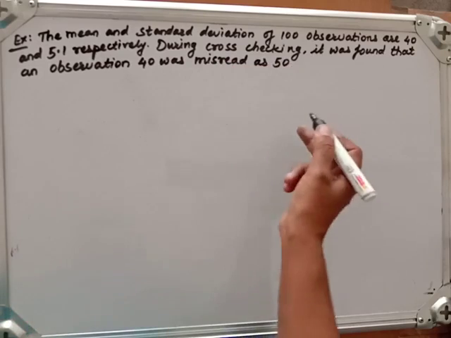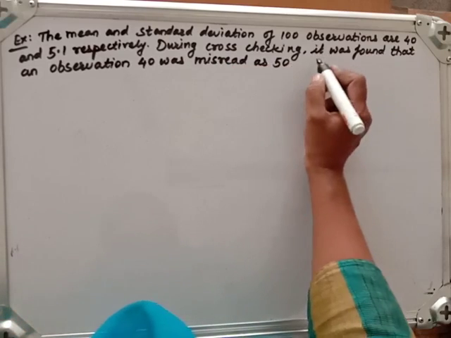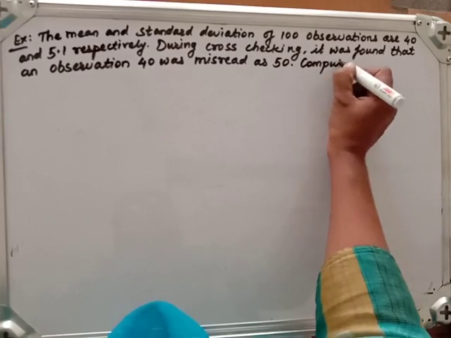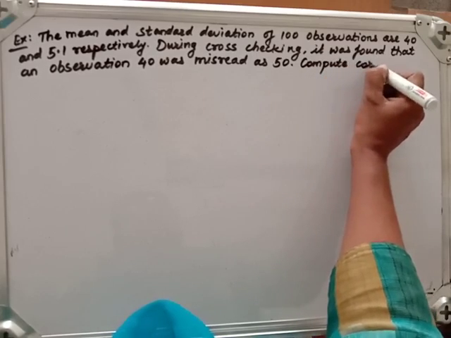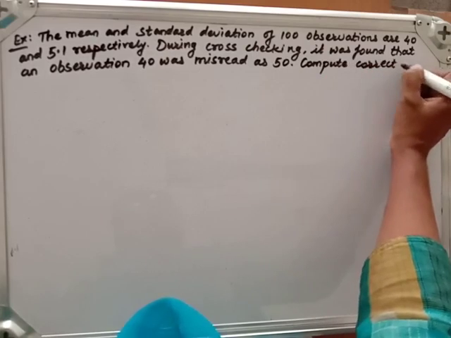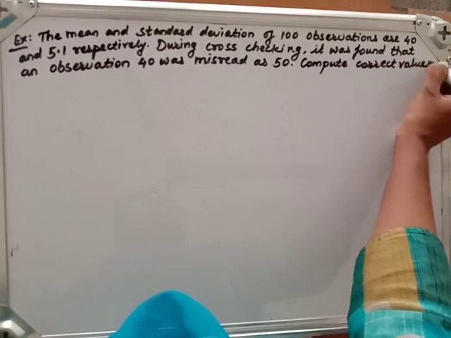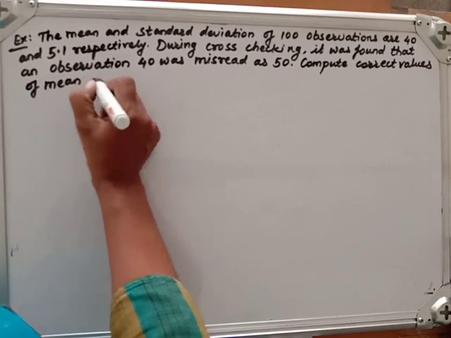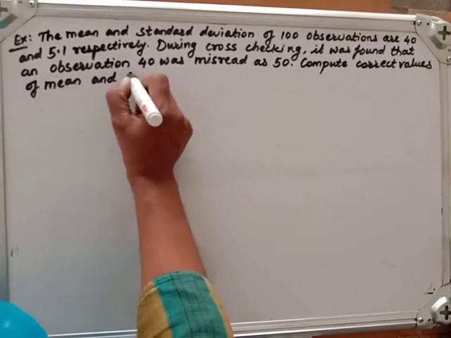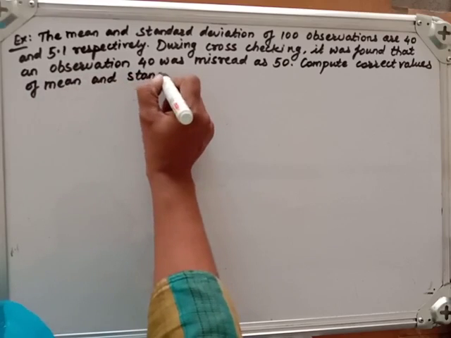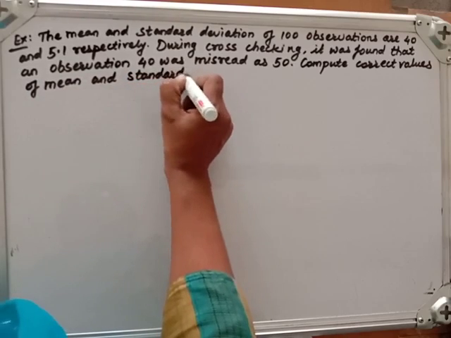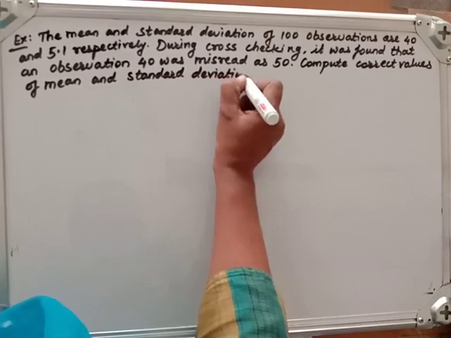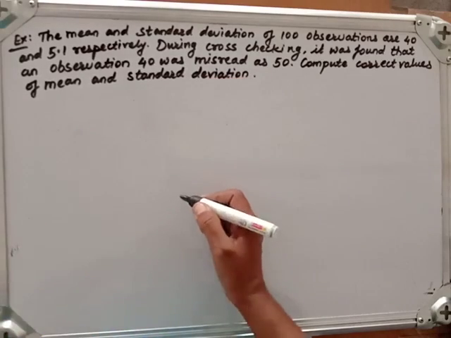It was increased. So compute the correct values of mean and standard deviation. Now in the previous one we found the variance. Here we have to find the standard deviation, which is simply the positive square root of the variance.